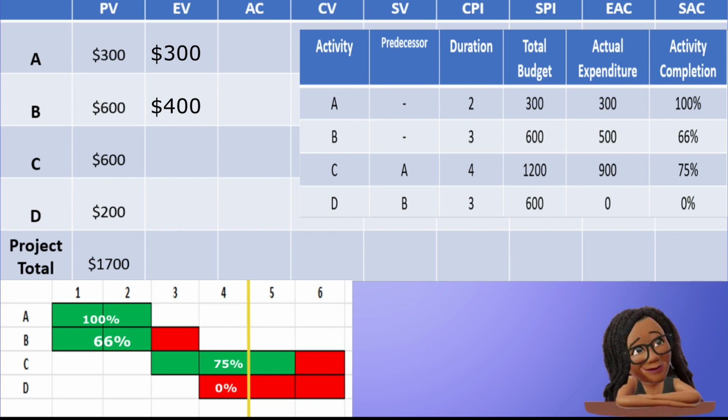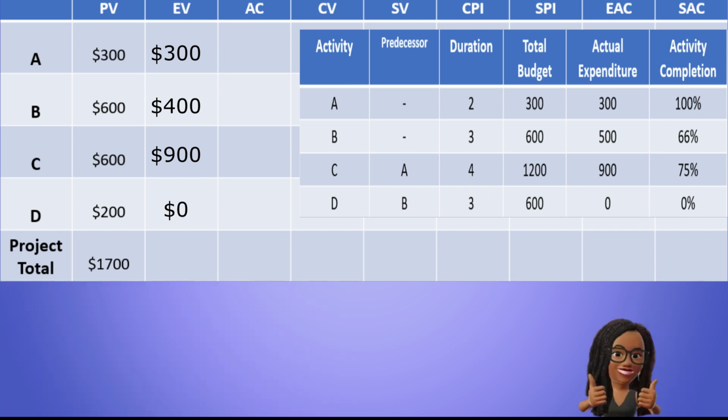For C, we are 75% complete. So we find 75% of the total budget of $1,200, which equals $900. For D, we are 0% complete. So of course, that translates to a value of $0. Those are all our earned values or EVs calculated.